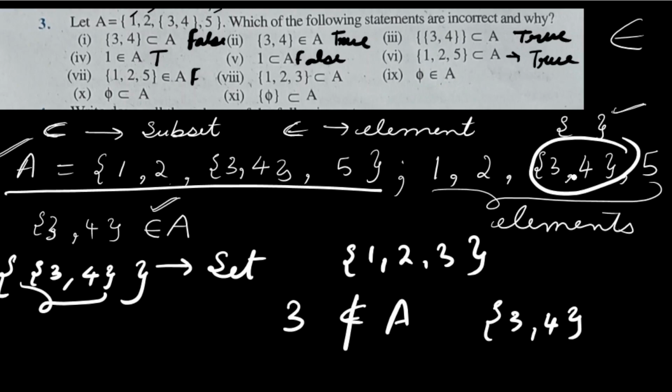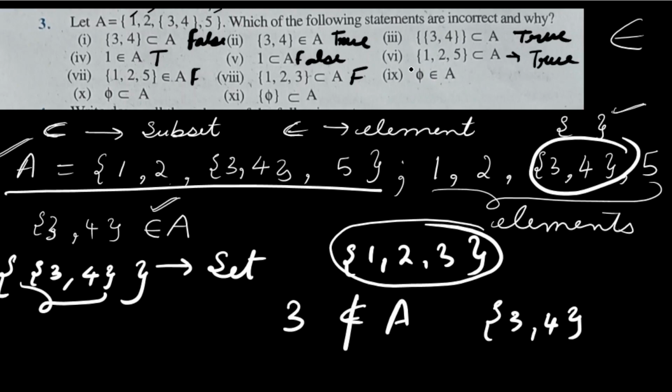We can see all the elements I have written separately. 1 is one element, 2 is an element, then {3, 4} is one element, 5. 3 is not an element. So I can't take it, that means this set is not a subset of A. So if it is not a subset, this is false. This is incorrect. So you can mention the reason also, because {1, 2, 3} is not a subset, because the element 3 itself does not belong to A. So that language a little bit you can write.